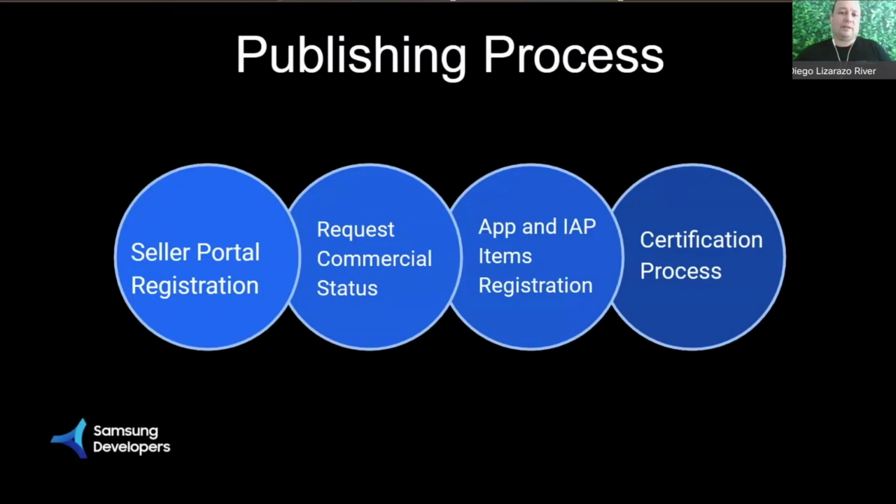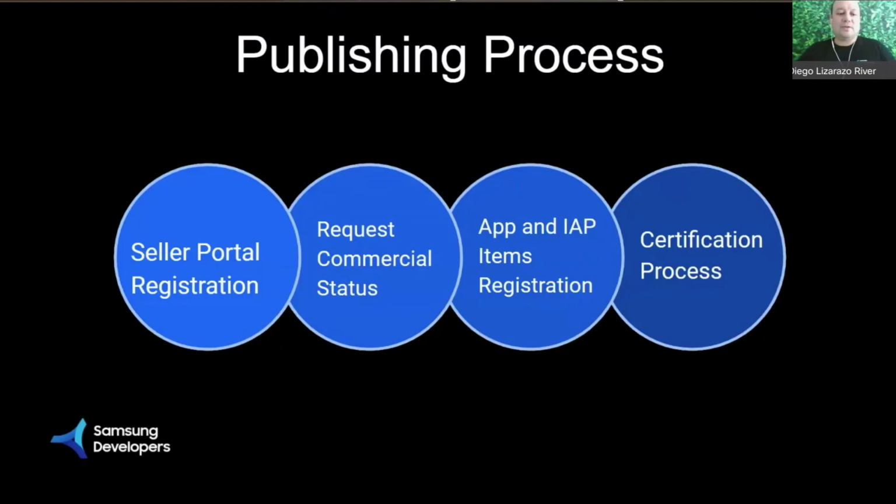So how do you go about publishing your game, including the in-app purchase SDK? How do you do that? These are the main steps. We are going to check them a little bit in detail, and we are going to do this part before we get into the Unity section of the webinar.